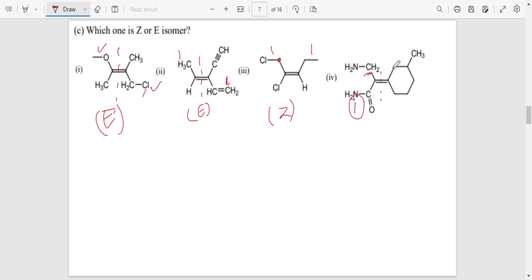So this is going to be 1. Now for this side, if I go in this direction, I'm going to find this group faster than going in this direction, meaning that going up, this side is going to have higher molar mass, that will be 1, than going down. Okay, so what is going to be the name? Is it Z or E? Opposite directions, that is going to be E.